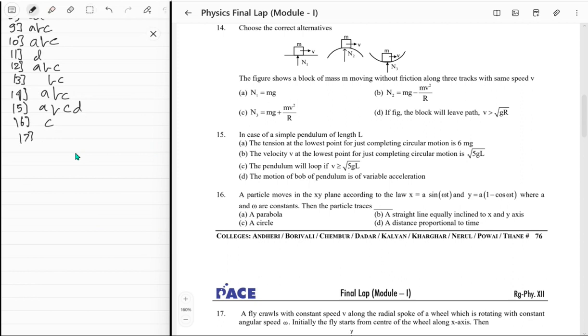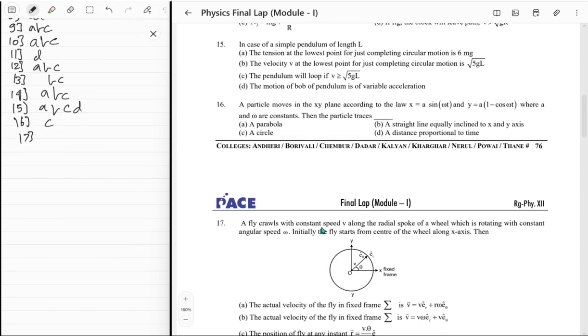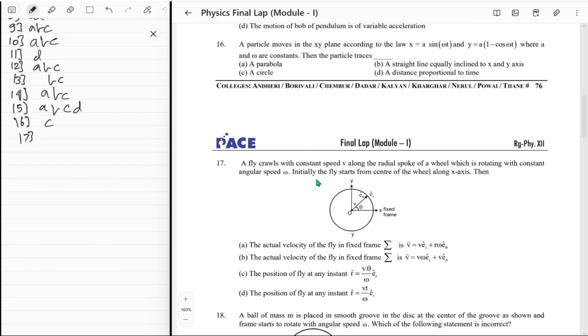17 was: a fly crawls with constant speed v across the radial spoke of a wheel which is rotating with constant angular speed omega. Initially, the fly starts from the center of the wheel along the x-axis.